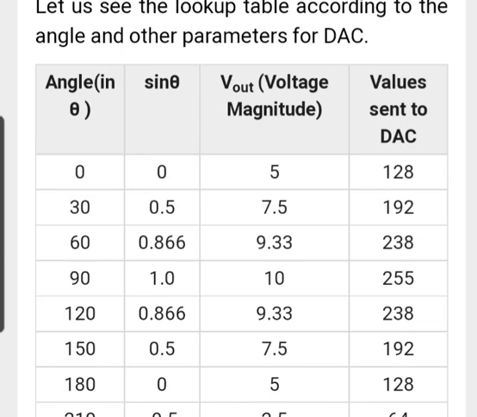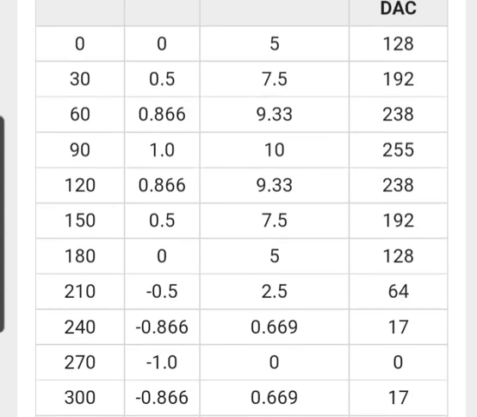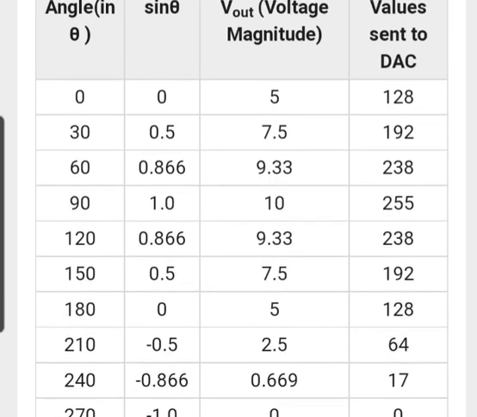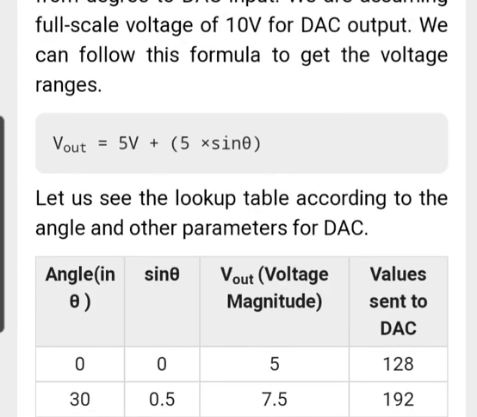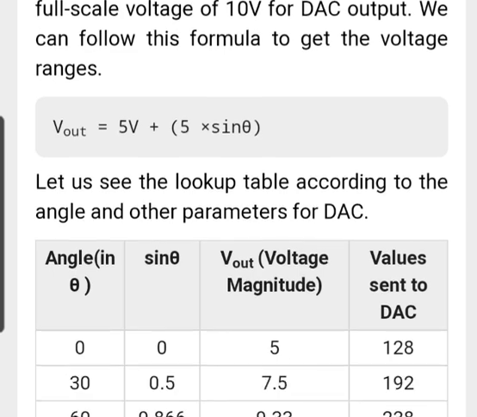The formula to find V out is 5 volt plus 5 into sin theta.